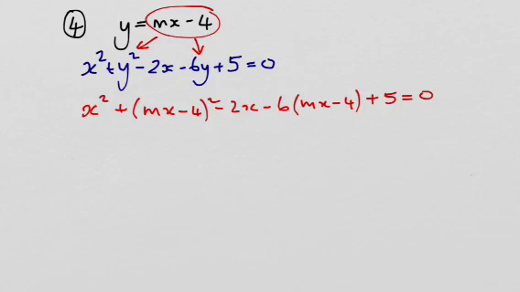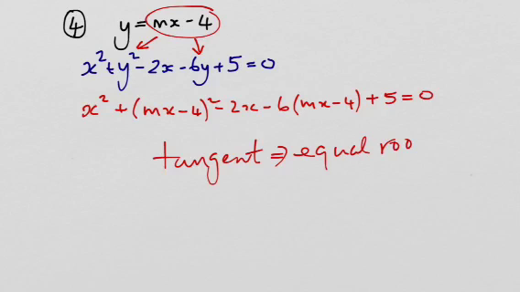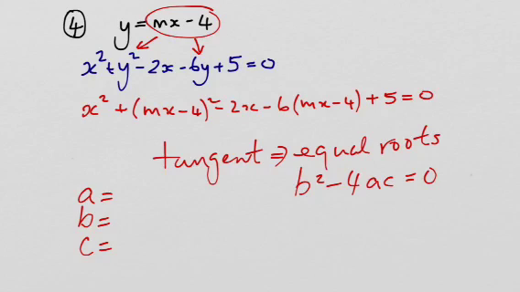Why do you need to do that? Because if it's a tangent, we know that a tangent means there's only one point of contact. One point of contact means equal roots. Equal roots mean b squared minus 4ac is equal to 0. So once you've removed all the brackets and tidied it all up, you then have to identify what your a is, what your b is, and what your c is.